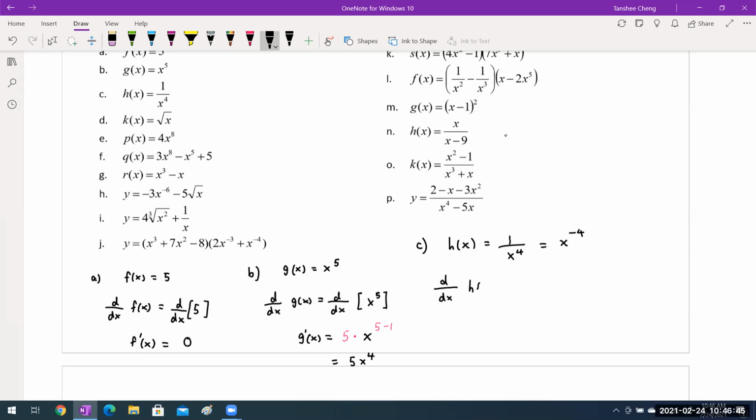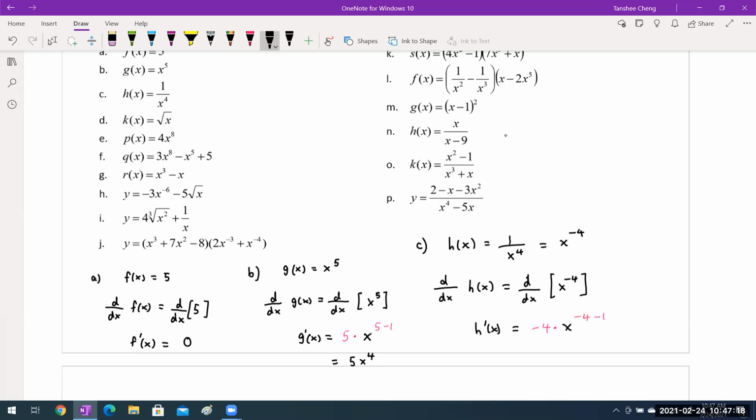So now if I take the derivative with respect to x of h, I'm taking a power function, which is a lot less work than the quotient rule. So h prime of x is equal to, bring down the power as a factor, times x to the negative 4 minus 1, always minus 1 on a power.